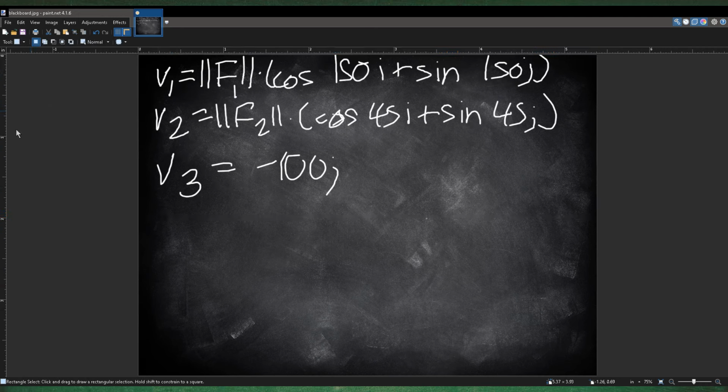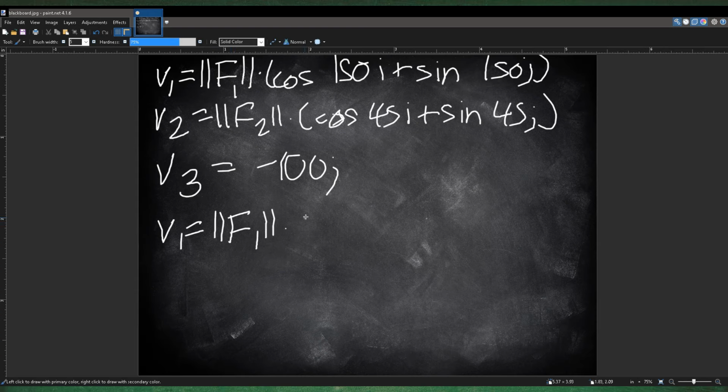Now we just need to simplify this. So we have vector 1, cosine of 150 degrees. Sorry, let me put the force 1 vector down. It's the same thing as negative square root 3 over 2, right? Because this is in the second quadrant.